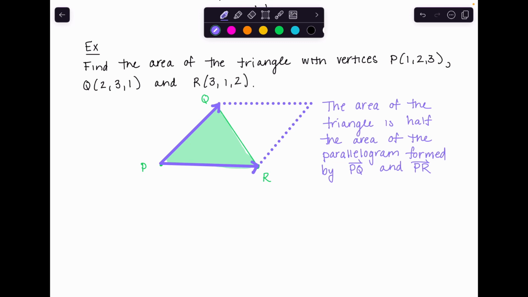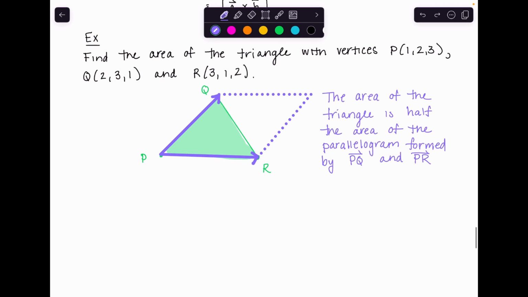And again, you can really make this any vectors you want. You could find RP and RQ, take their cross product, and then find the length of that. Completely up to you, but it makes sense for me to just do things alphabetically, PQ and PR.